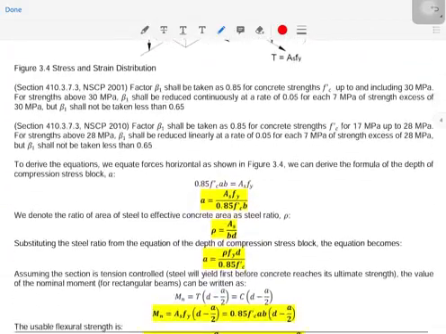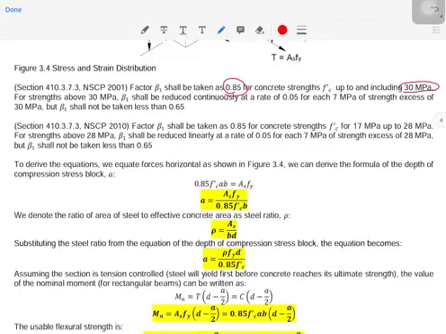Okay, so now for NSCP 2001, factor beta 1 shall be taken as 0.85 for concrete strengths f'c up to and including 30 MPa. Take note of that one.